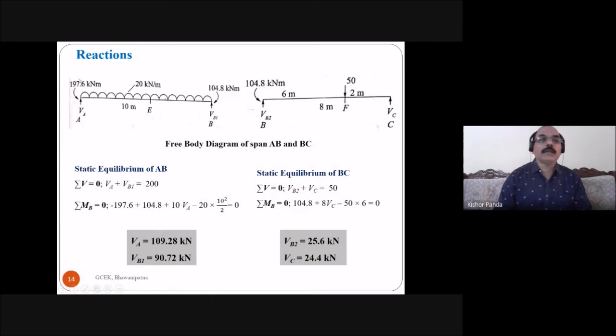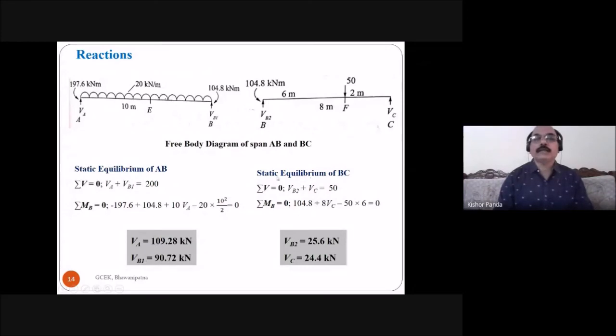Then this moment is anticlockwise, so you take minus 197.6, and due to this UDL the rotation is anticlockwise. The moment about B is 20 into 10 into 10 by 2. This is the equation: the summation of moment about B is equal to 0. After simplification of these two equations, you will get the values of VA and VB1.